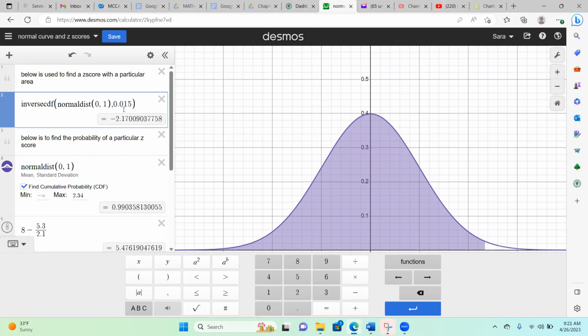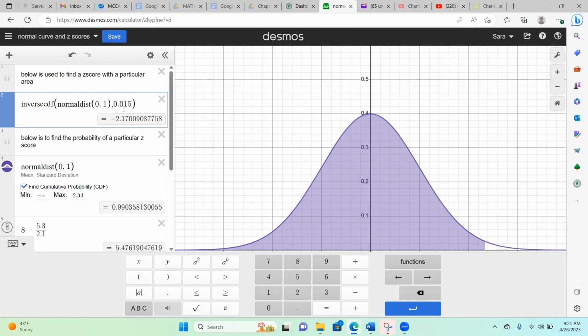And it's a z that's negative 2.17. Just like what we had thought. Somewhere between the two, negative 2.17.